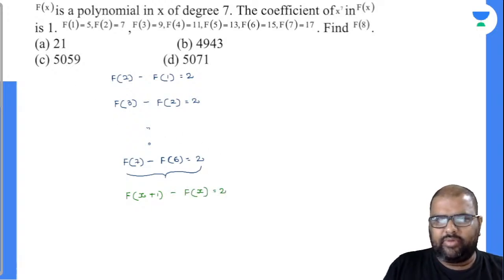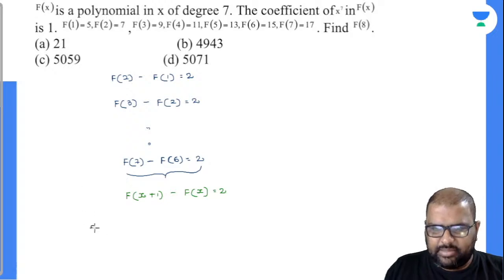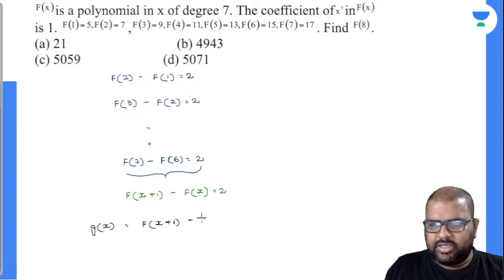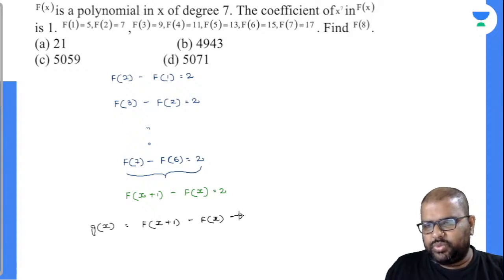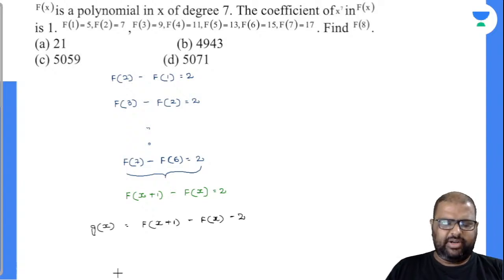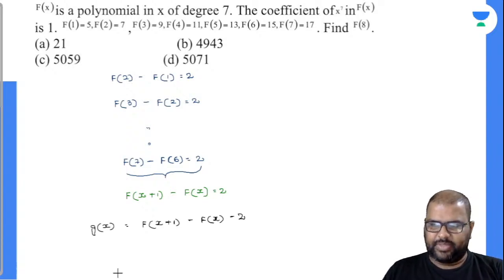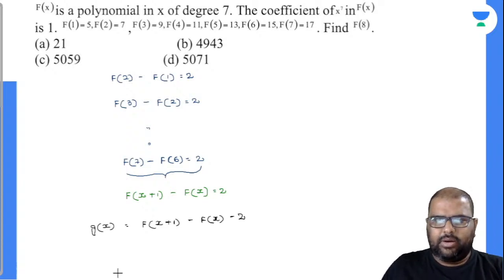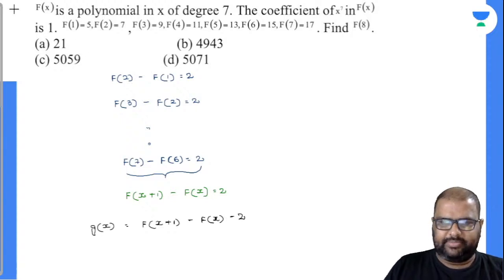So can I write down one more equation like g of x is equal to f of x plus 1 minus f of x minus 2? Can I write down like this? So you are asked to find out f of 8. Now how much will be f of 8?